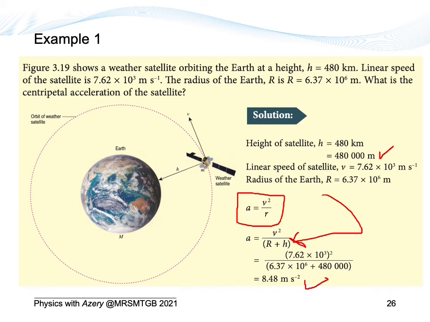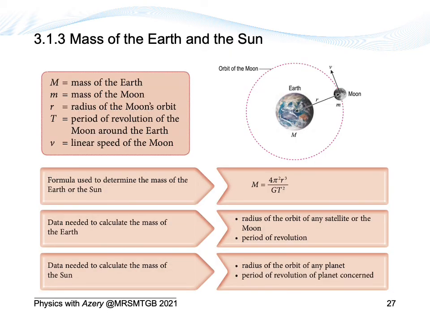Alright, now the mass of the Earth and the Sun. You can actually calculate the mass of the Earth and the Sun by using this formula, where m is the mass, r is the radius of the Moon or the object, G is the gravitational constant, and T is the period of revolution of the Moon around the Earth or the planet around the Sun.